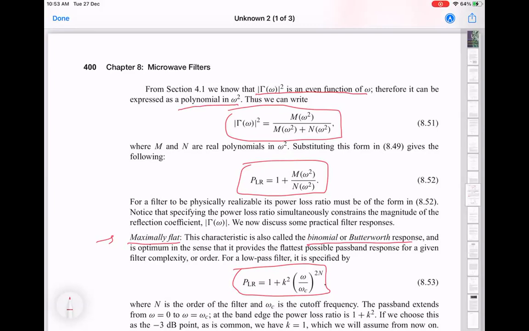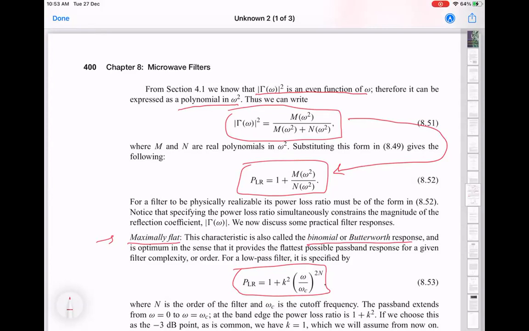And they choose this particular form for gamma square. This is kind of arbitrary in some sense, but you choose this form so that the insertion loss looks like this, which has a simple form which can be mapped to a few different kinds of responses, which is what we're going to see now.